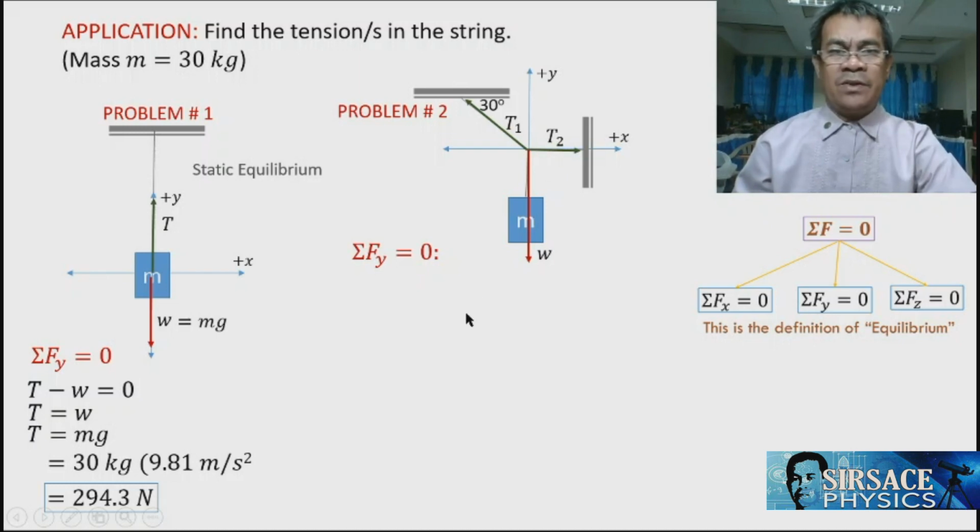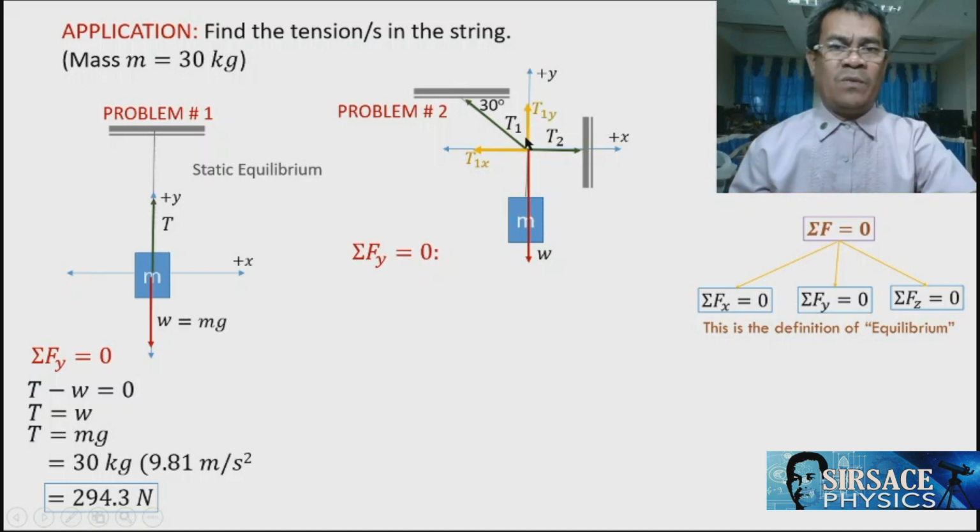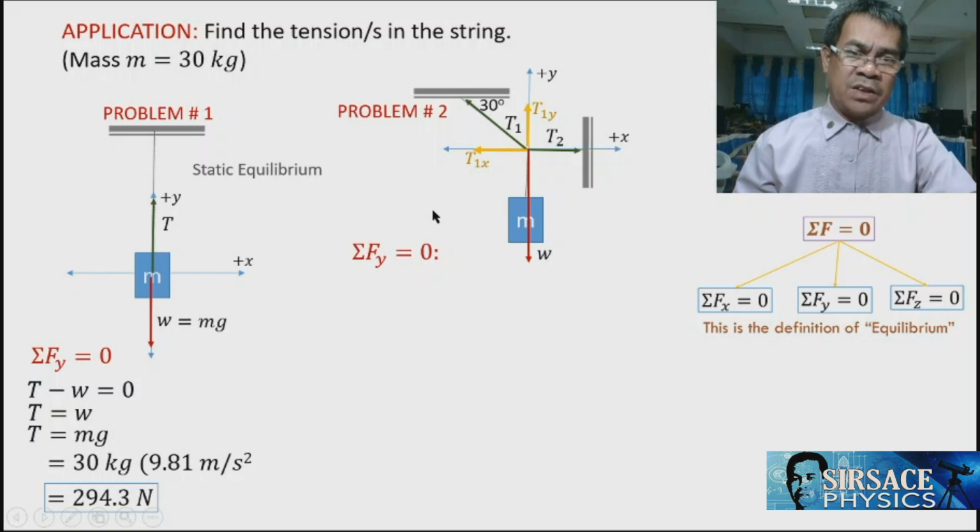So this T1 has a component along X, call it T1x, and for the Y component, call it T1y. Constructing the polygon of T1, take note that if this is 30, this is also 30. That is the law of geometry.